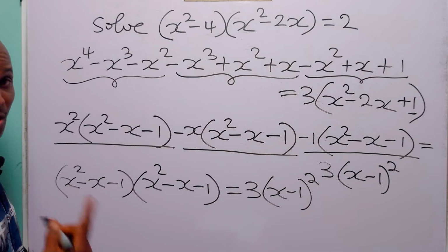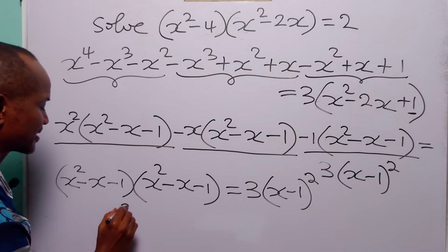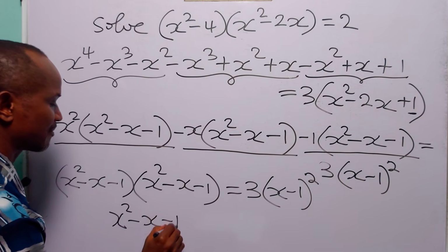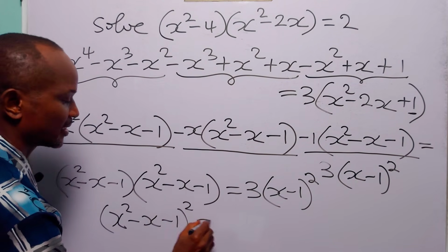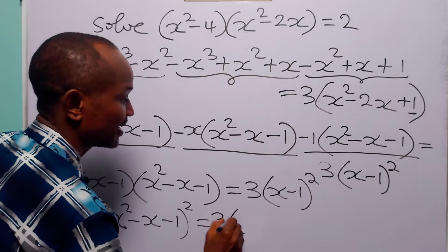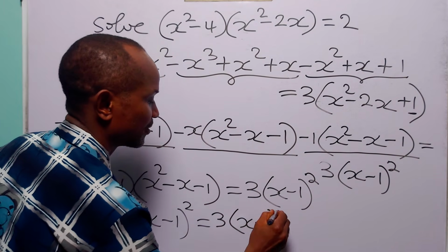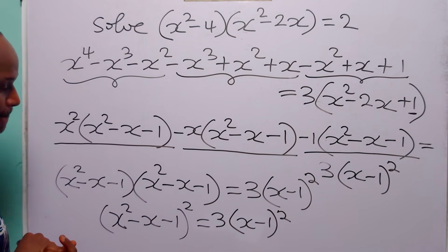Now, look at this. We have x squared minus x minus 1 squared is equal to 3 times x minus 1 squared.